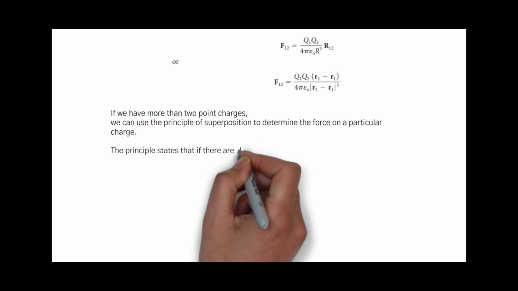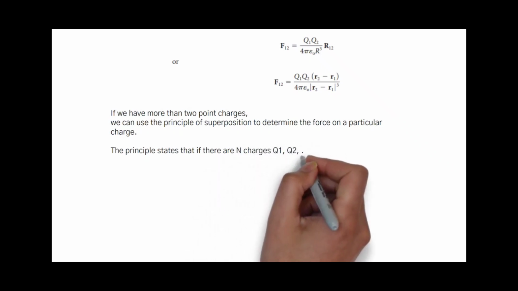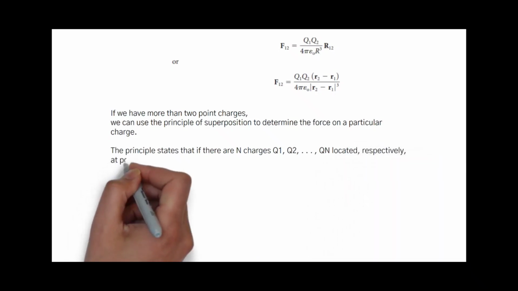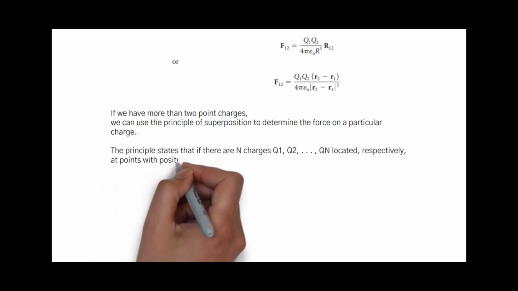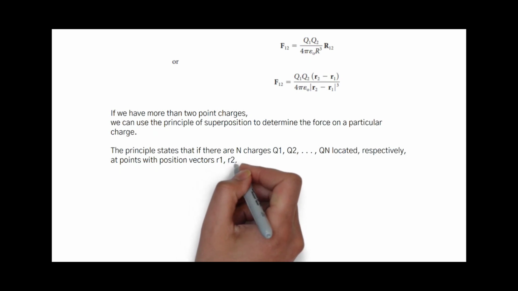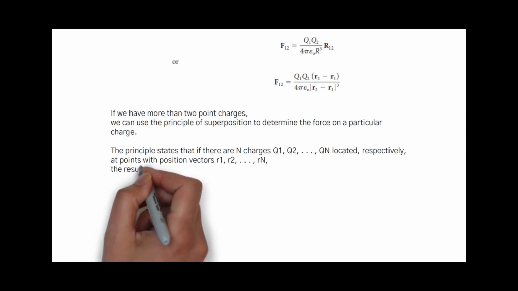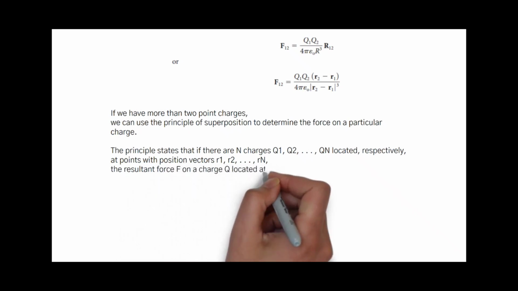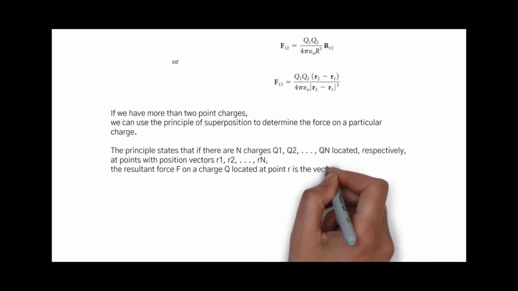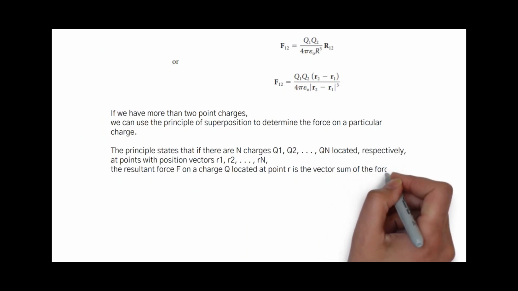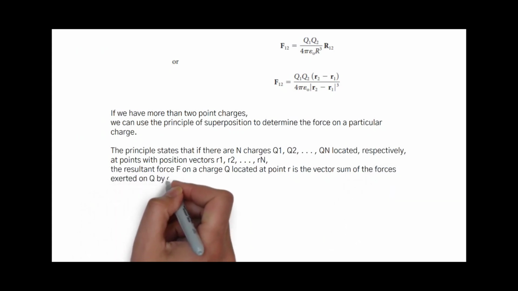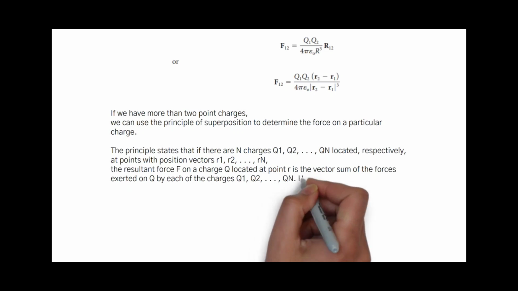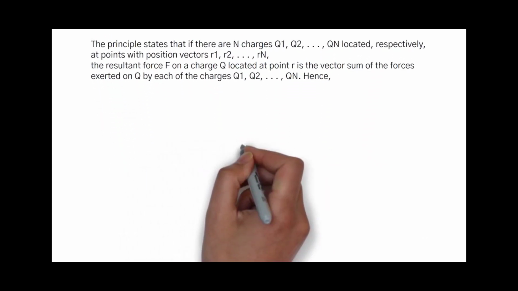The principle of superposition states that if there are n number of charges, q1, q2, up to qn, located at position vectors r1, r2, r3, r4 up to rn, then the resultant force F on the charge Q located at point R is the vector sum of all the forces exerted on Q by each of the charges q1, q2, up to qn. Mathematically, we can represent it as you can see here in this figure.